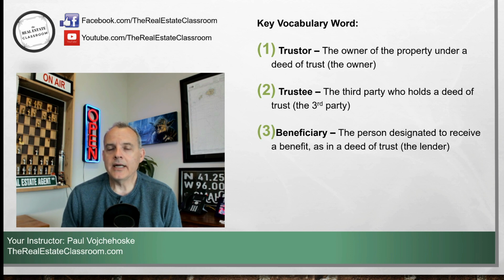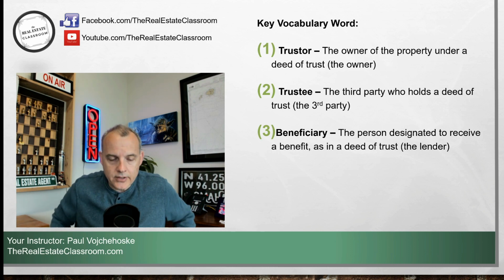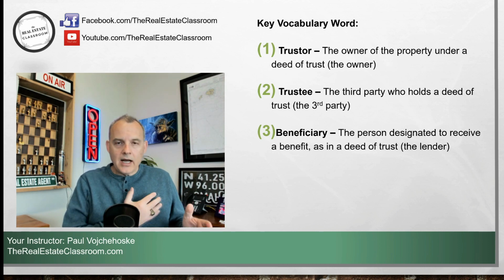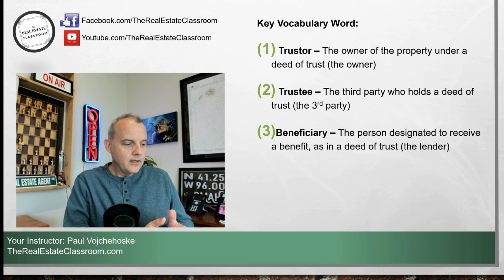And then finally, I need to talk about a deed of trust. Again, some states are mortgage states where we have the mortgagor, mortgagee, but in many states, in most states, it's a deed of trust. So we're going to have 3 parties, the trustor, the trustee, and the beneficiary. And let me kind of explain how this happens. So I purchase a piece of property.